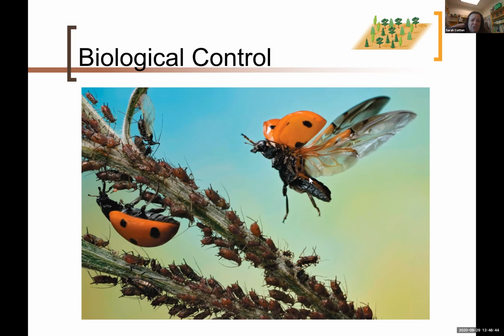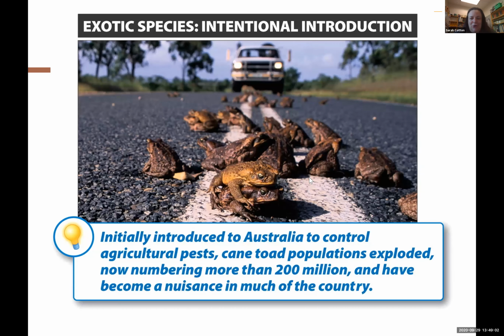So biological control, on the face of it, sounds like an amazing idea, right? So you've got some sort of problem, you bring in a predator to take care of the problem, and it's natural and you don't have to use chemicals, and wouldn't that be fantastic? Sometimes biological control goes wrong though, right?